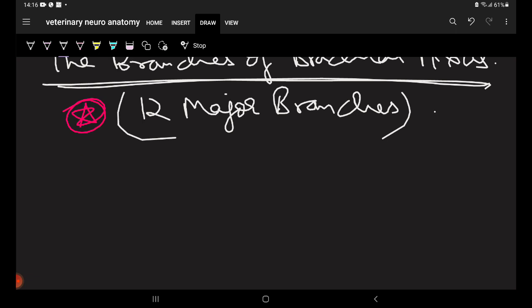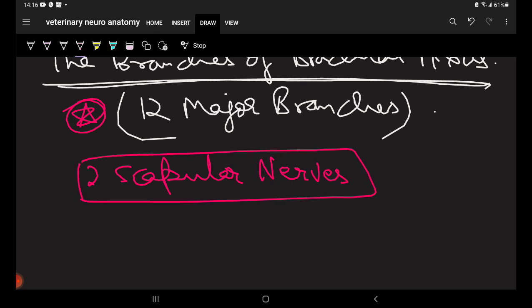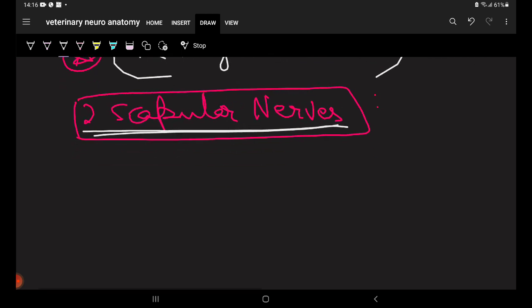So first is two scapular nerves. Okay. So if we talk about two scapular nerves, then what happens?